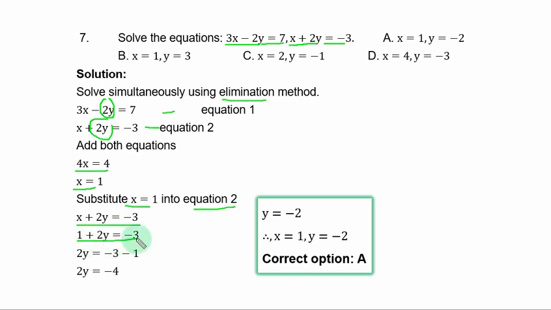You transfer 1 to the right hand side, you have this result, and 2y is equal to minus 4. Divide both sides by 2. Y becomes minus 2. Therefore, s equal to 1, y equals minus 2. By this, A is the correct option.